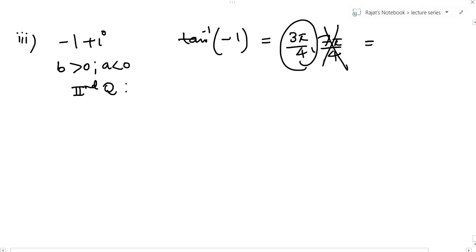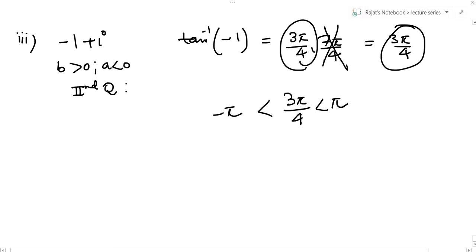In the previous lecture, we found that 3 pi by 4 is the argument for this complex number. Does 3 pi by 4 lie between minus pi and pi? Yes. 3 pi by 4 is 135 degrees and pi is 180 degrees. So 3 pi by 4 is between these, so this is also the principal value.